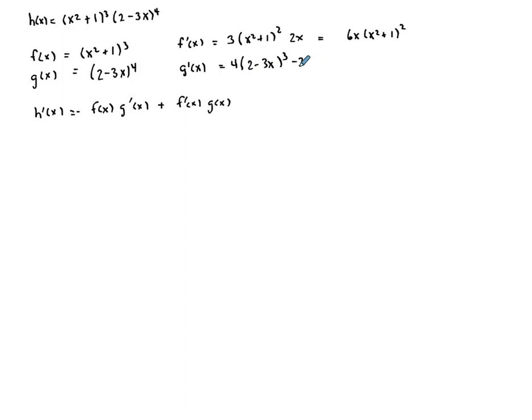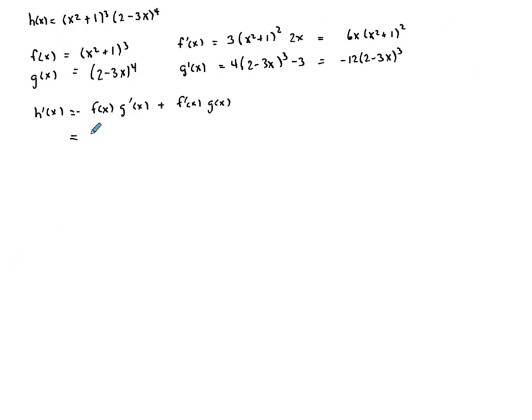Just like that. So then what we're going to do is simplify to get negative 12 times 2 minus 3x exponent 3. Then we can take our values for f of x, g of x, and their derivatives and just plug them in here and simplify.